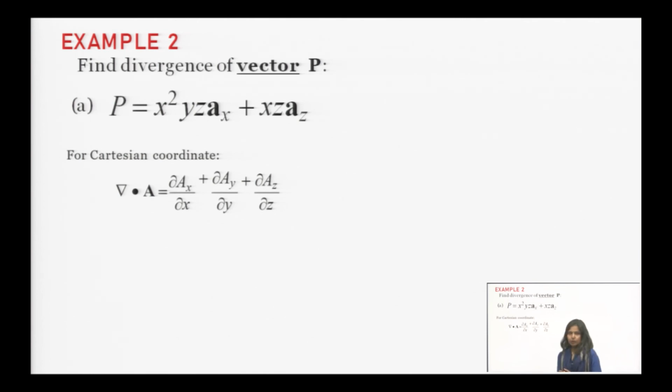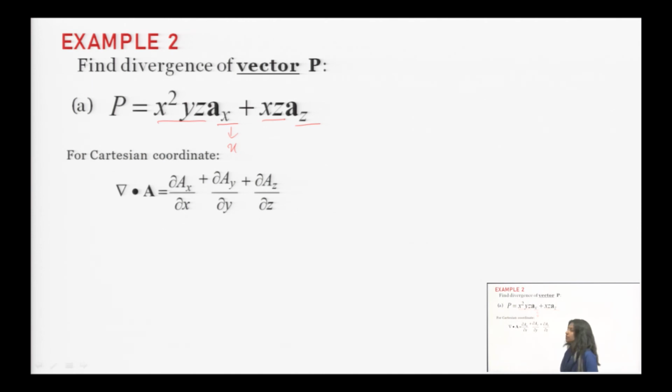One more important point here, p is a vector quantity because in this we have both magnitude as well as direction. This part is the magnitude, however this ax shows the direction along the x-axis. Here also this is the coefficient or magnitude of the vector p, however az shows the direction.